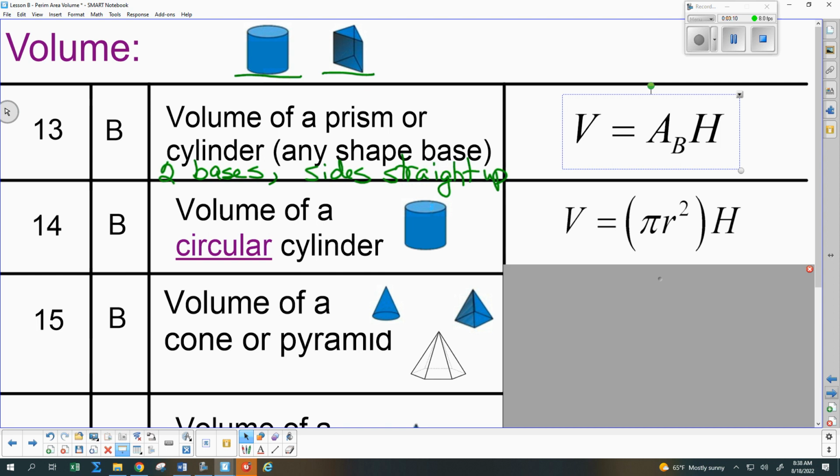Now let's suppose that I have a cone or a pyramid instead of a prism.